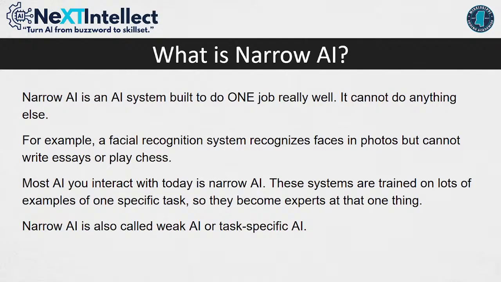So first, narrow AI. Okay? And what is that? It's an AI system built to do one job really well, and it cannot do anything else. So just thinking of that word narrow, your options, right? If you're taking a narrow path, there's not as much movement along that path versus a broad path that might have many different ways branching off of it to go.